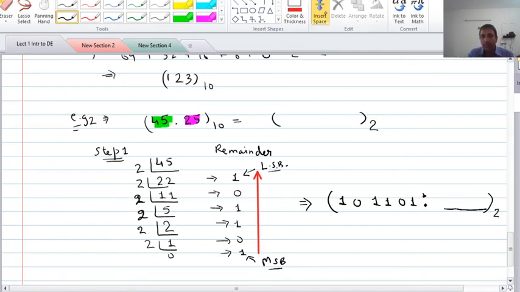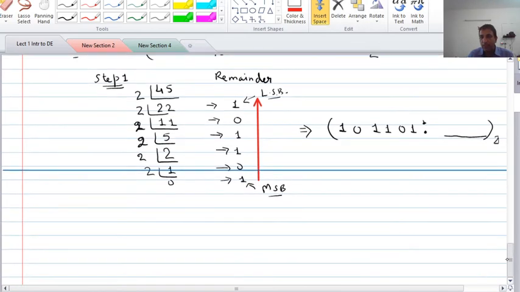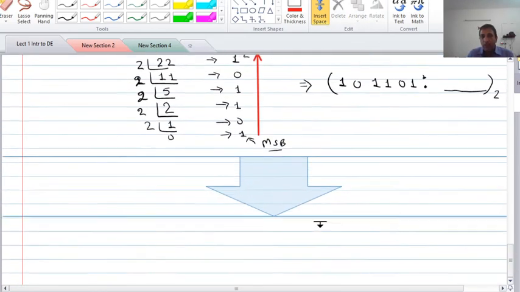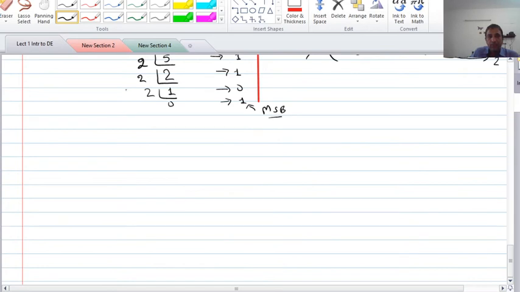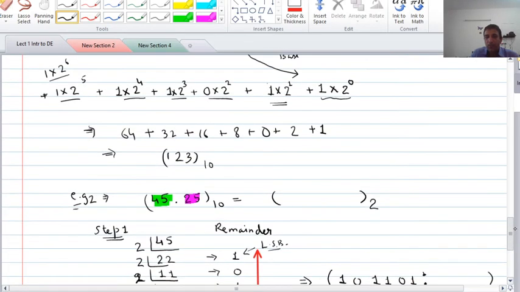In the next step, you can see here, that is step 2. In step 2 we have to convert this value, that is 0.25.